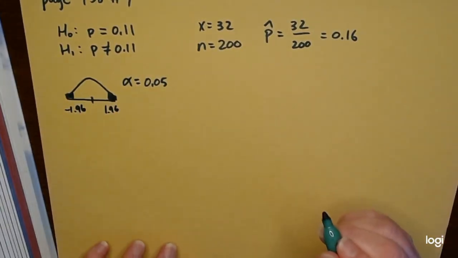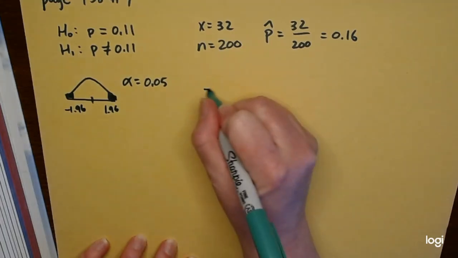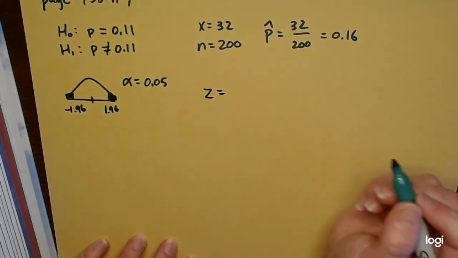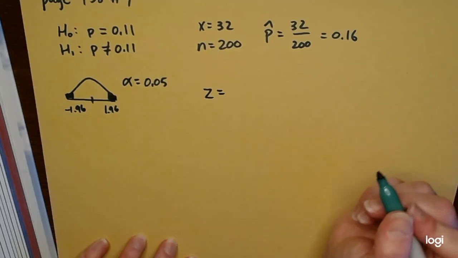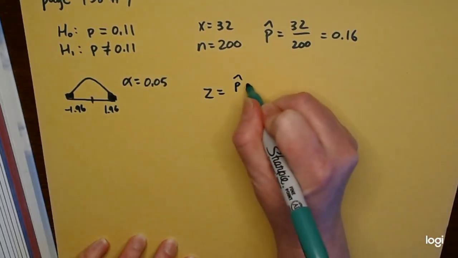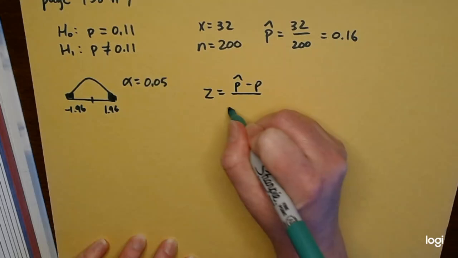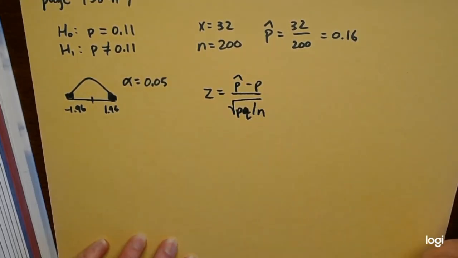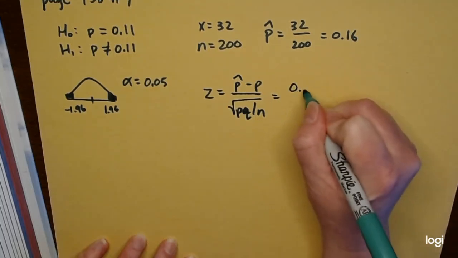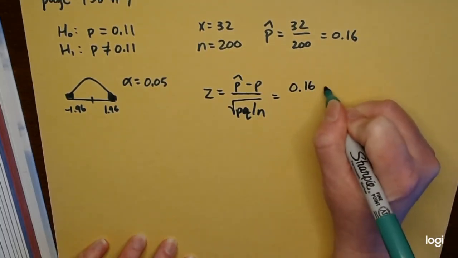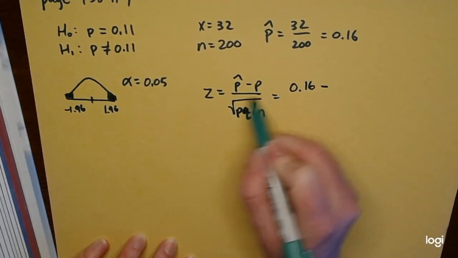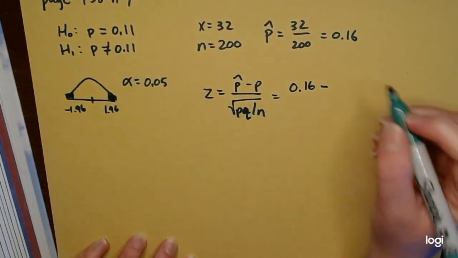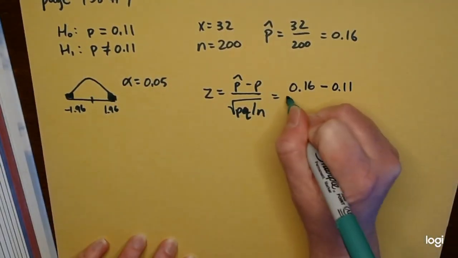Now I need to calculate my test statistic. If you look back at your Chapter 8 note sheet, the formula for the Z-test for proportions is you take P hat minus P and divide it by the square root of PQ divided by N. If I plug in, my P hat for my sample was 0.16. P from the population is assumed to be the 11%, so 0.11.